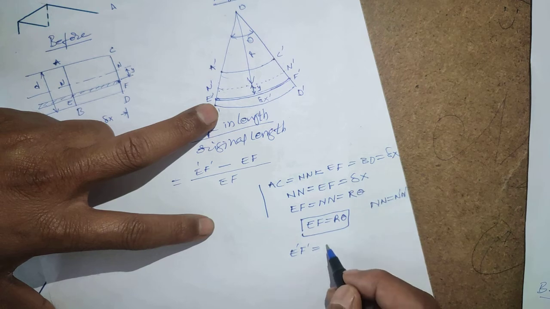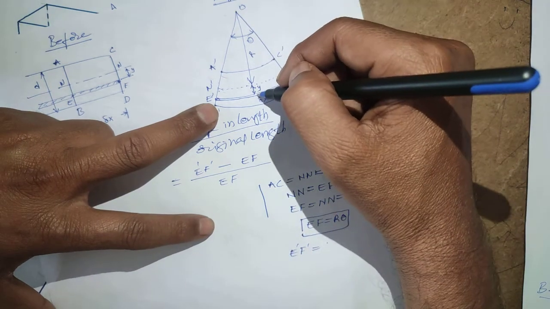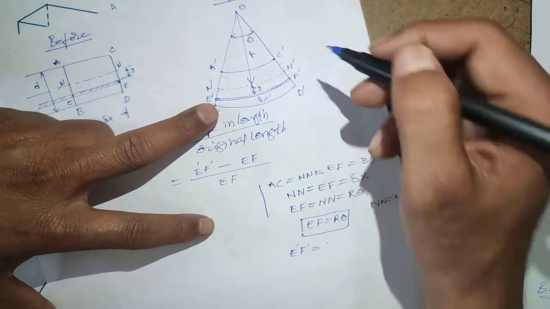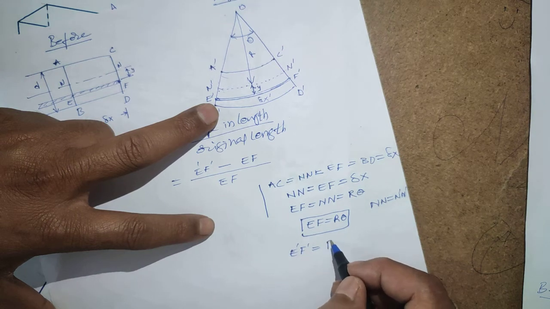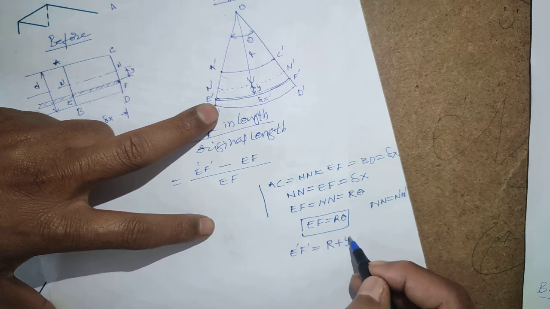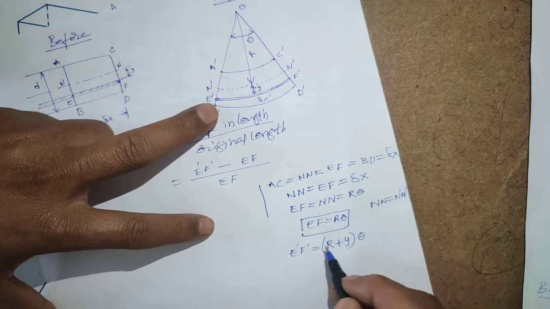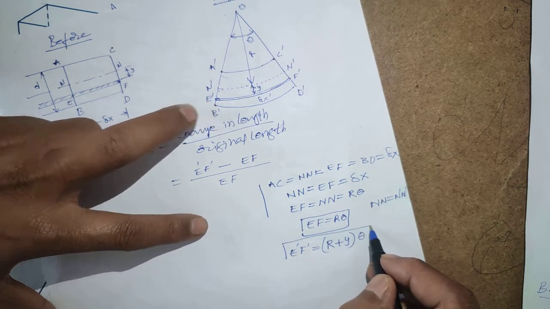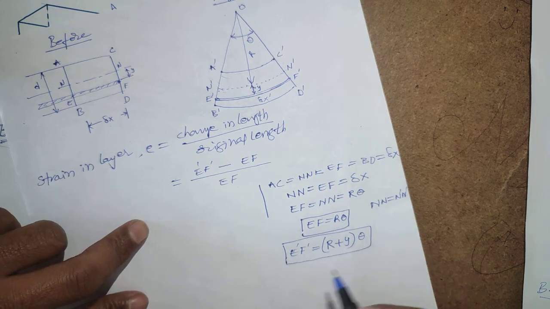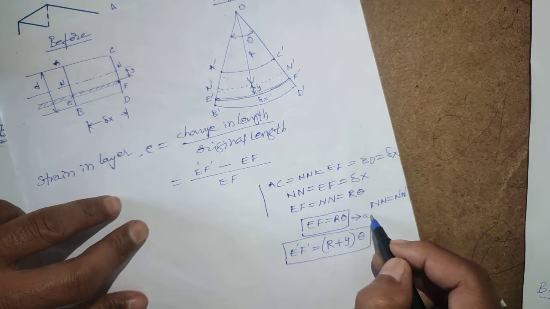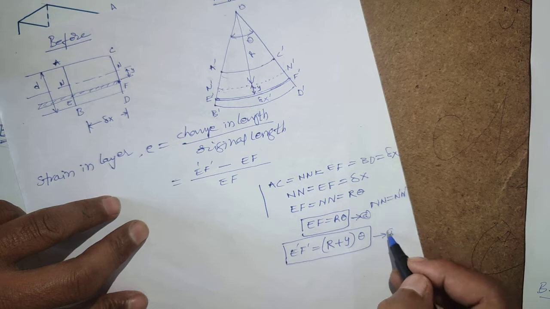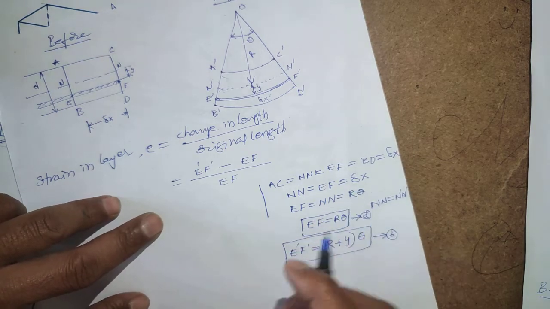We know the final length of this layer is R plus Y into theta. So these two are equation A and this is equation B. Substitute A and B here.